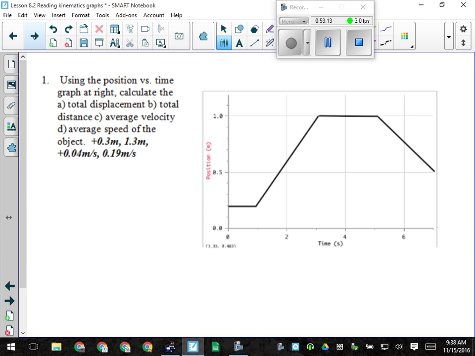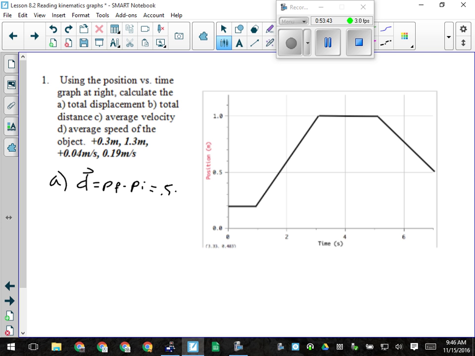I want you guys to try that question right there. Using the position versus time graph, calculate the total displacement. Remembering that total displacement is final position minus initial position, we would go final position being 0.5 meters and our initial position being 0.2 meters.